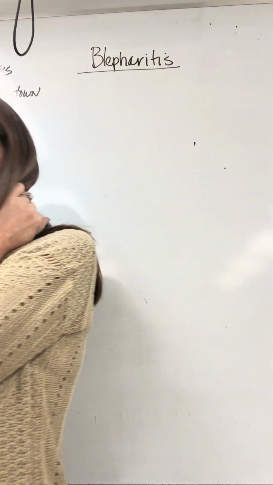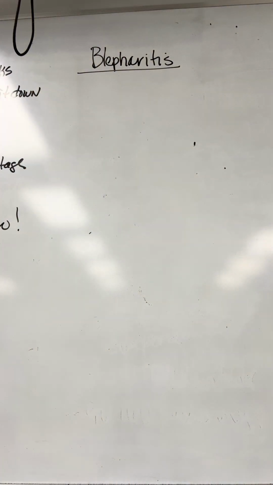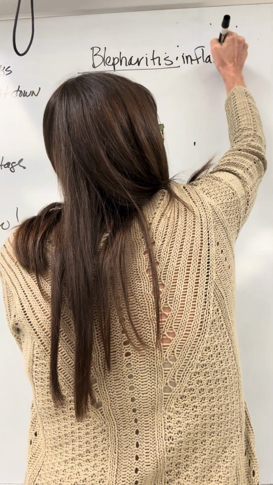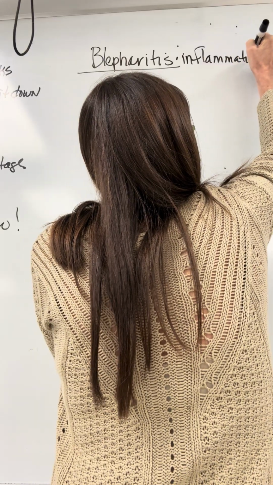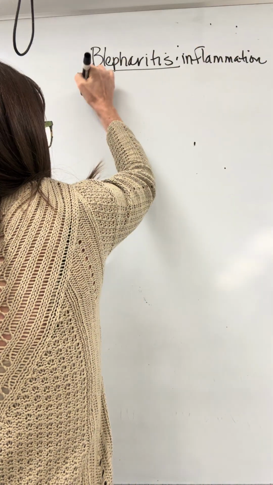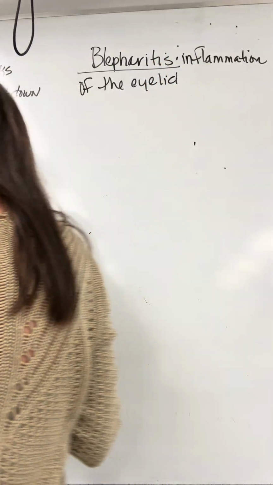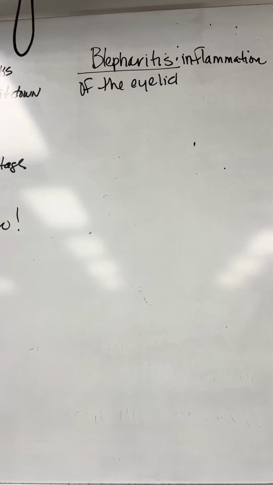Okay, so we have blepharitis. It is inflammation of the eyelid. Okay, so it is chronically difficult to treat and causes dry eyes and occasional crusting and flaking after sleeping.